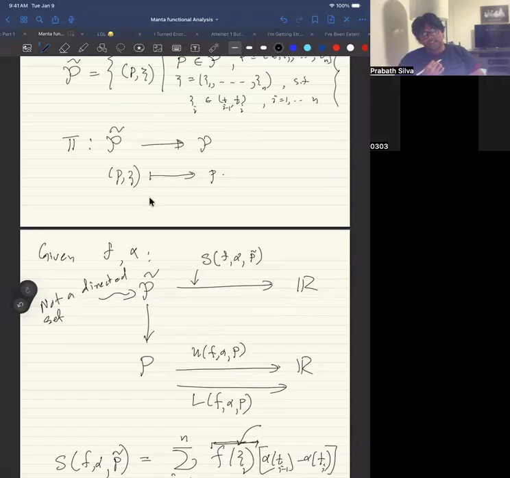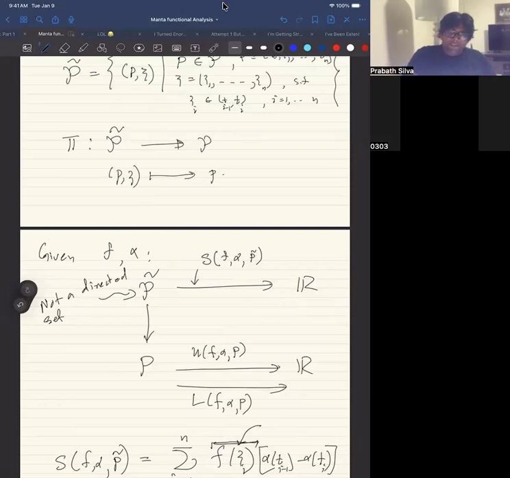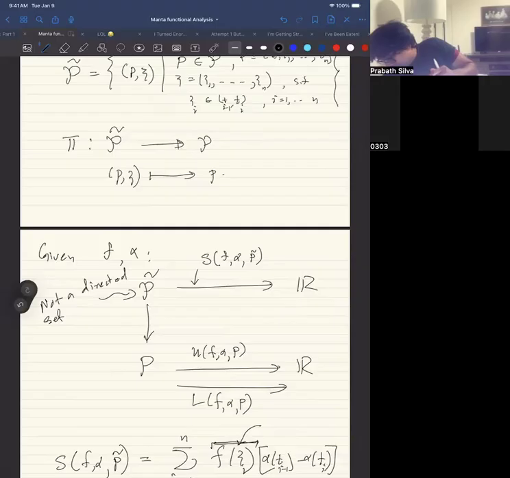Well, the word that I was after was the refinement of two partitions.